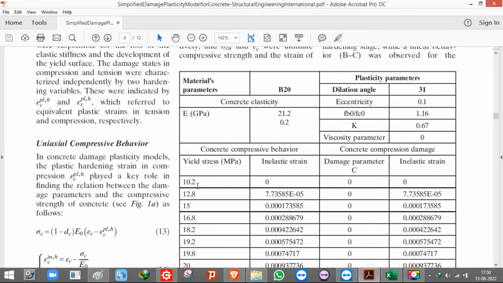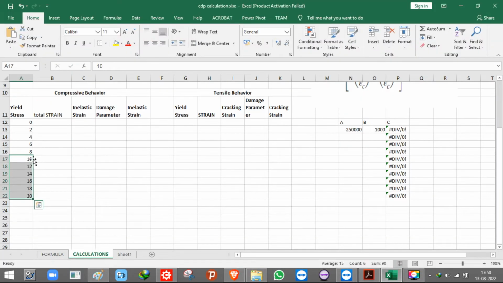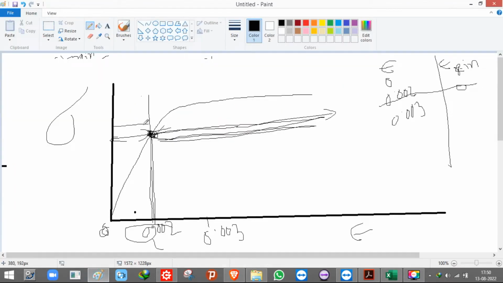So even if you are calculating the values beyond this, like for M20, the values up to 0.5 FCK, we are considering inelastic behavior. So no point of calculating all these values, because that will be a complete waste of time. That's why we are directly starting from inelastic stress and inelastic strain.